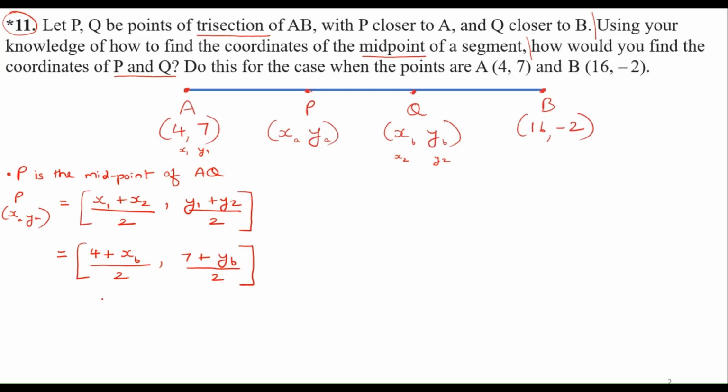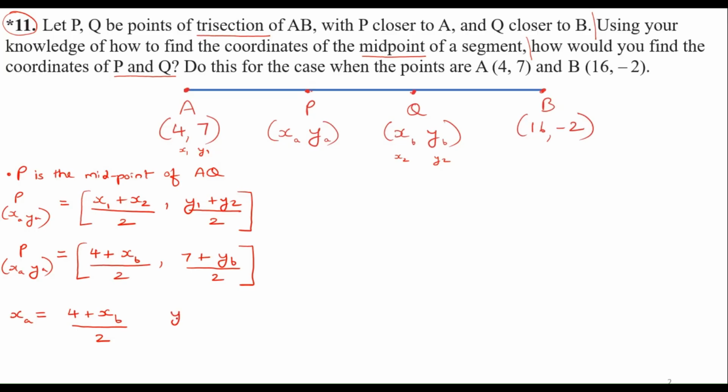Okay, so now for the P coordinate xa and ya, here xa is equal to 4 plus xb divided by 2, because the x coordinate will come from this part and the y coordinate will come from this part, so we can write like this.